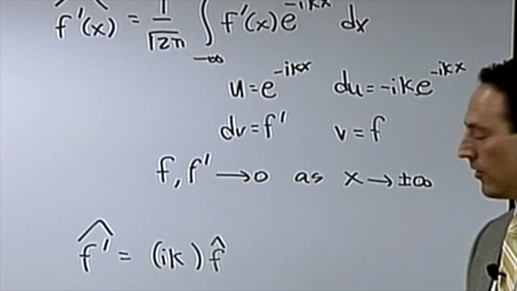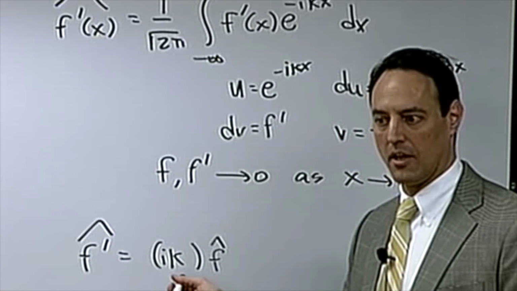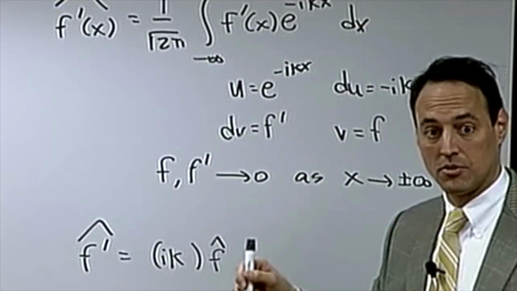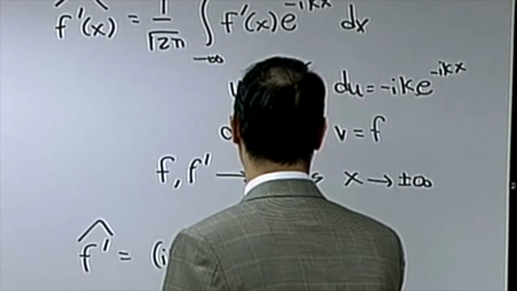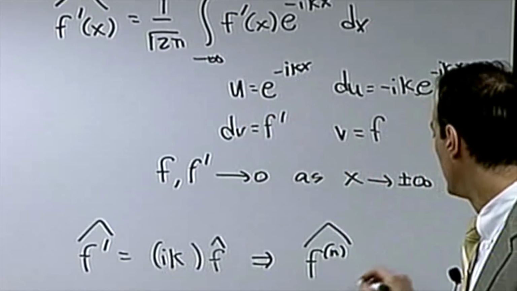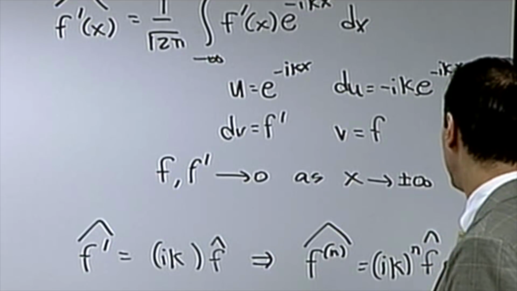Very nice. So the Fourier transform of the derivative just picks out an ik. You can generalize this result: if I take the Fourier transform of the nth derivative, I get ik to the n times f hat.